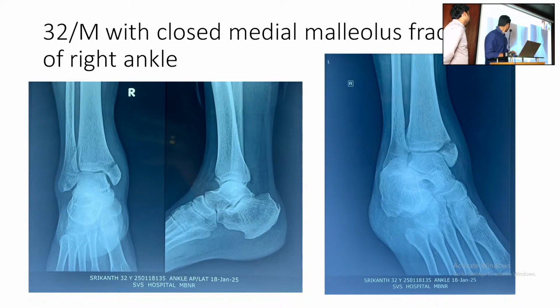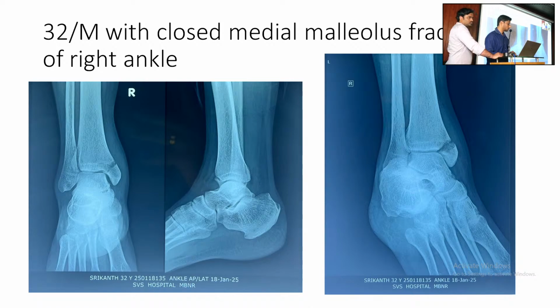The force of violence stops at one particular level, so only the medial side fails and the lateral malleolus is intact. Whether it is associated with a syndesmotic injury or not, you are supposed to take stress x-rays of the mortise. In supination external rotation injuries, there is a tear in the ligament that also should be addressed.